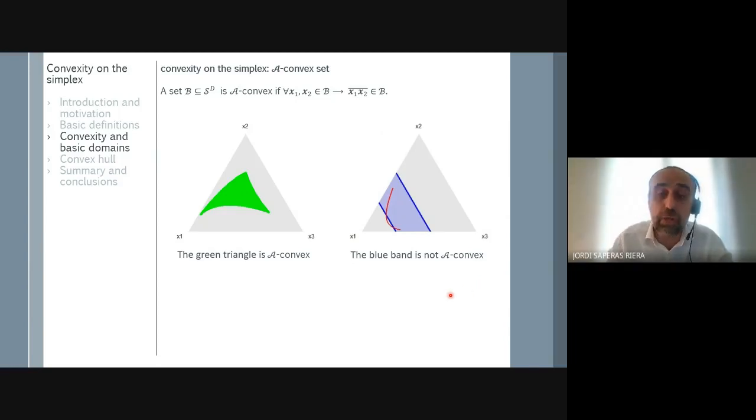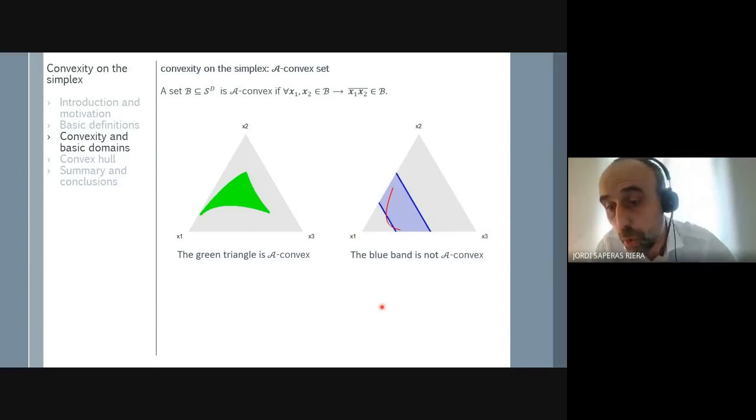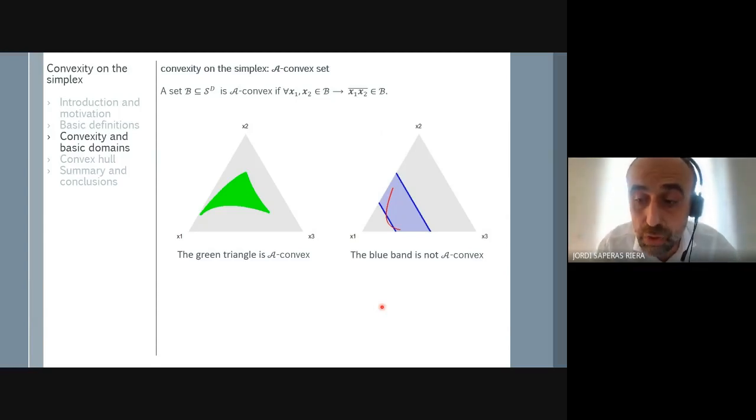When we work with constrained optimization, it's crucial to ensure that when we work with numerical methods in coordinates, we don't leave the feasible region at any time.